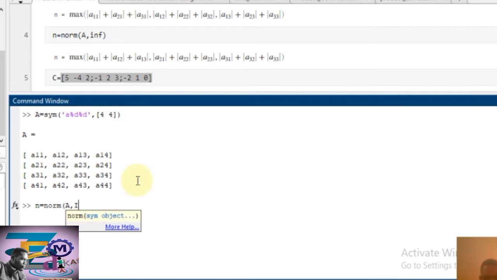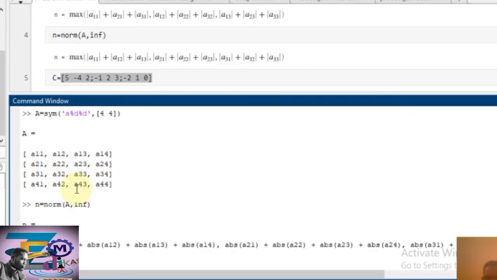Sorry, I have to write it in small letters, so Matlab recognizes this one. For this case, the row sums are computed together here. So we'll see. Enter. Yeah, look, the row sums are in here.